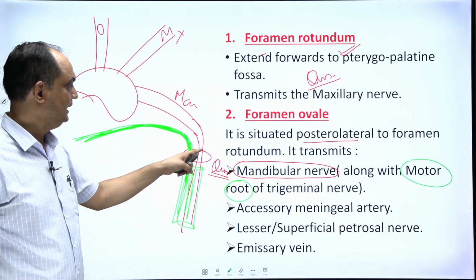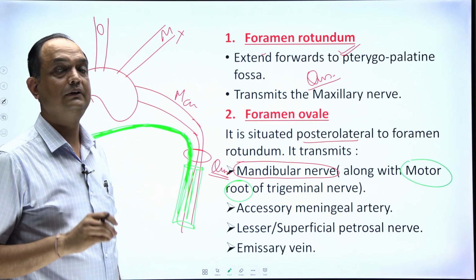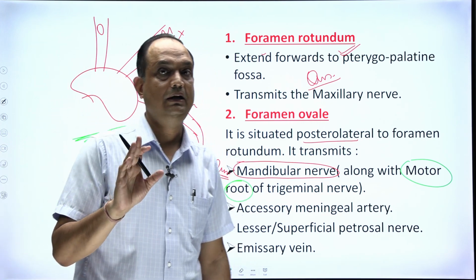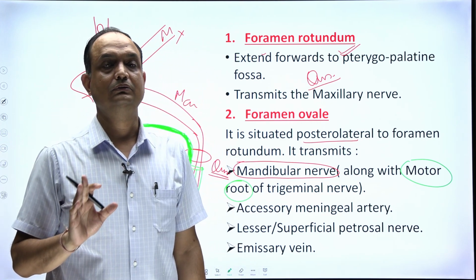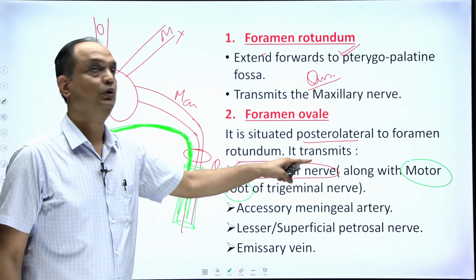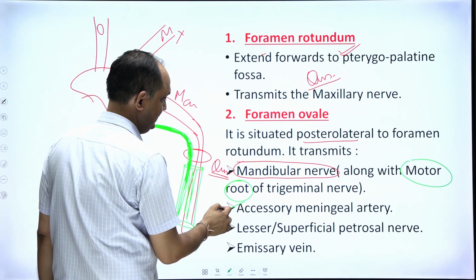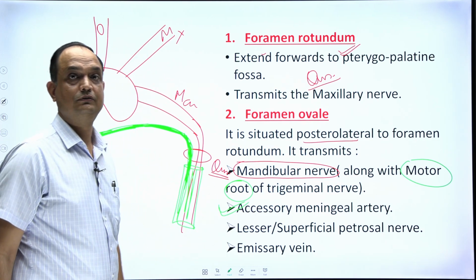So, the mandibular nerve has 2 parts which are related with the foramen ovale: the mandibular sensory, and its separate motor root. Clear? Then the next thing is the accessory meningeal artery, which is a branch of the maxillary artery.